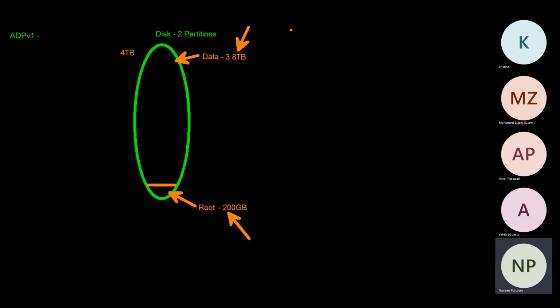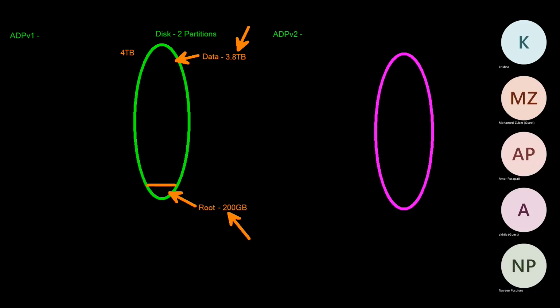Then what about ADP version 2? In ADP v2, disks will be divided into 3 partitions.